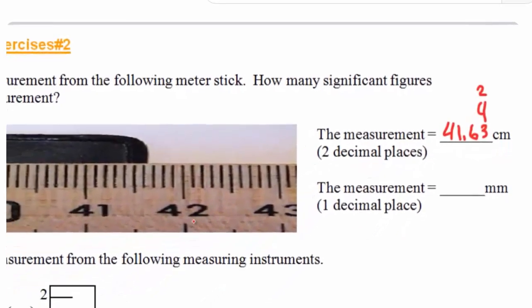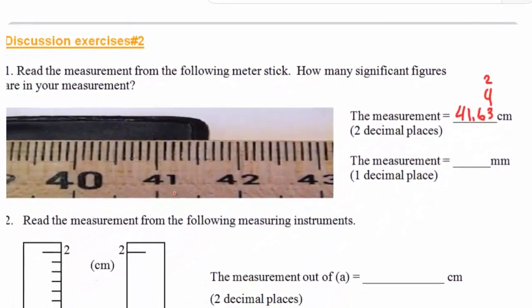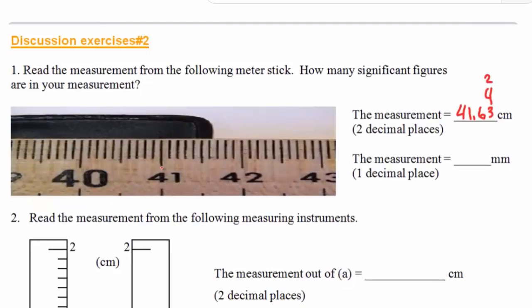Now for the millimeters, we have to go with 1 decimal place. Since 1 centimeter is 10 millimeters, in millimeters the 41 centimeters is actually 410 millimeters. The 42 centimeters is 420 millimeters. So this is in millimeters.